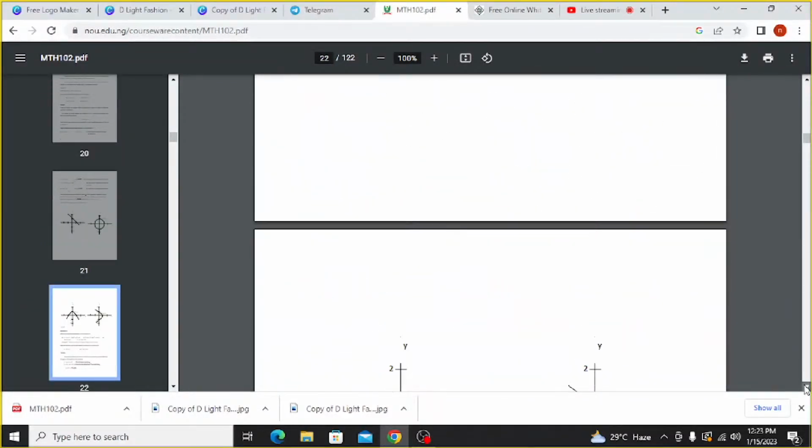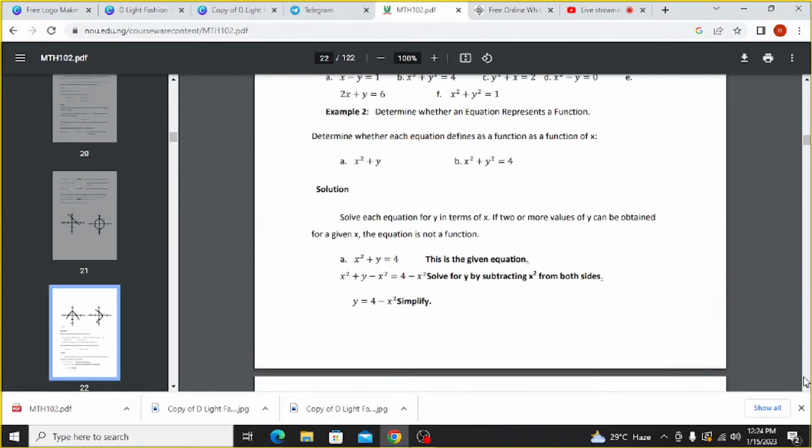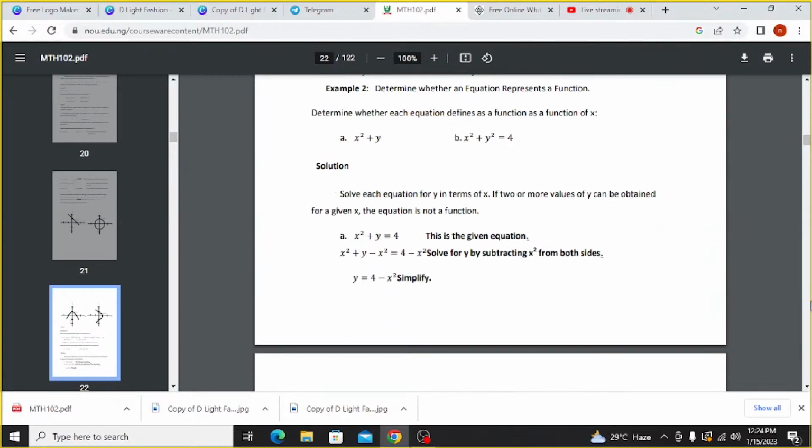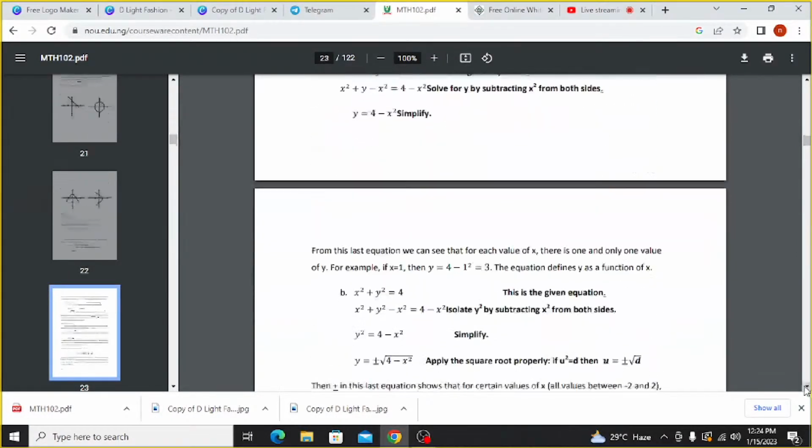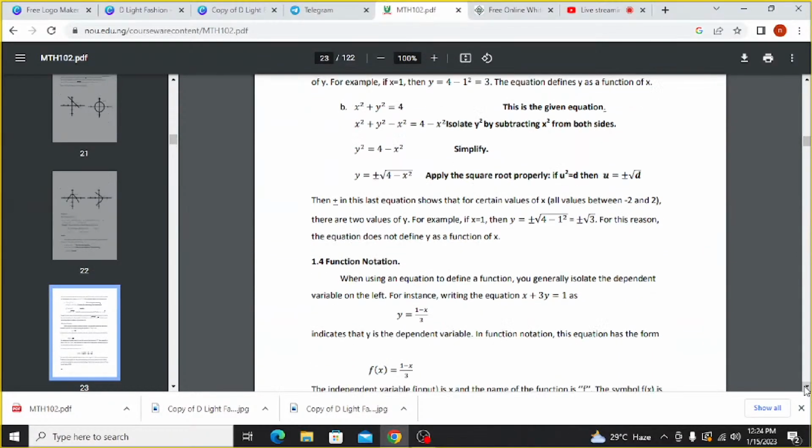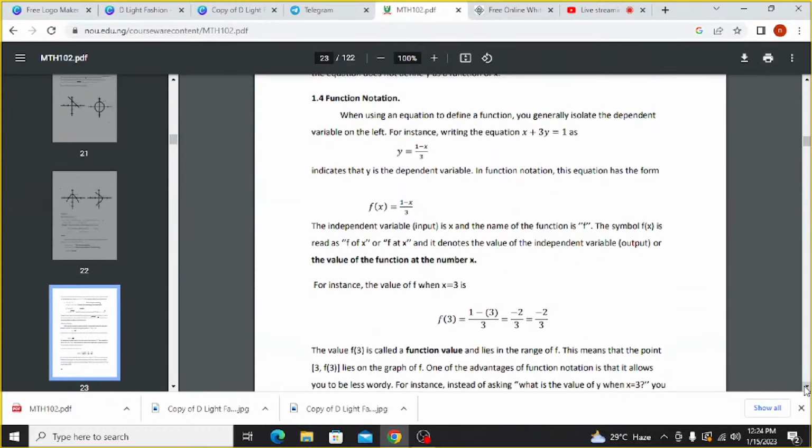Now let me go to our today's topic, which is function notation. In function notation, we have the function and then we have the input. So this f is our function while this x is our input.